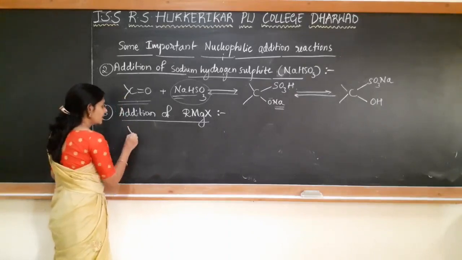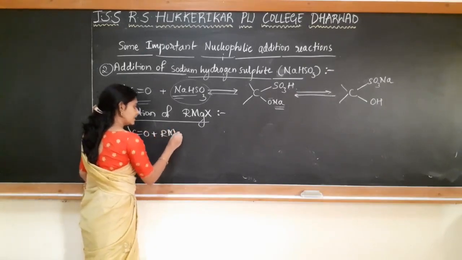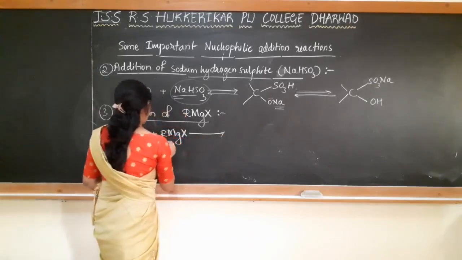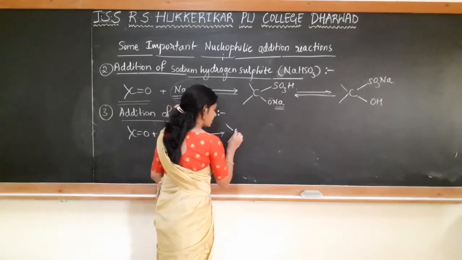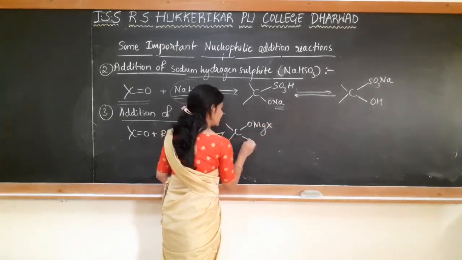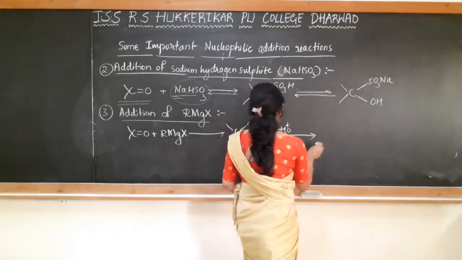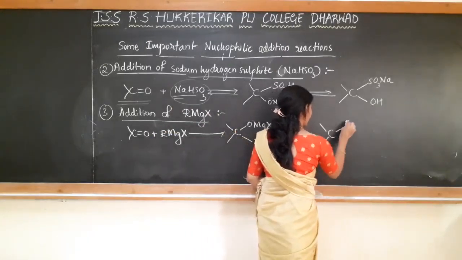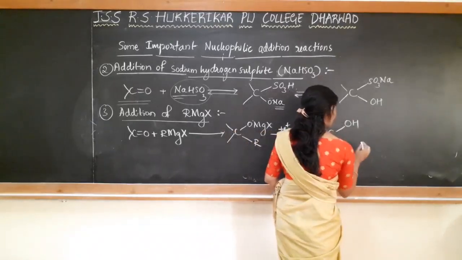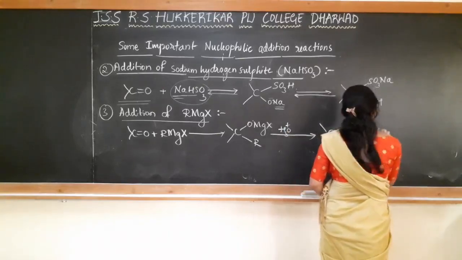Carbonyl compounds treated with Grignard reagent in ether medium form an addition compound, which further undergoes acid hydrolysis to form a stable alcohol. Depending upon the carbonyl group, we get primary, secondary or tertiary alcohols.